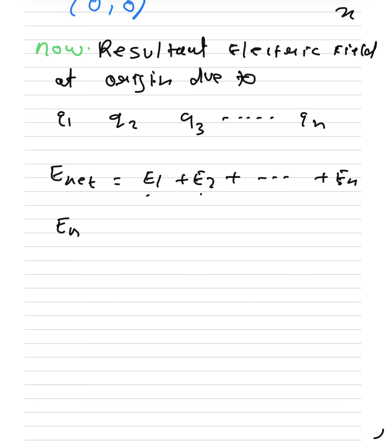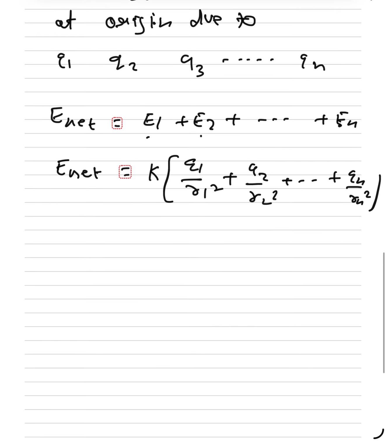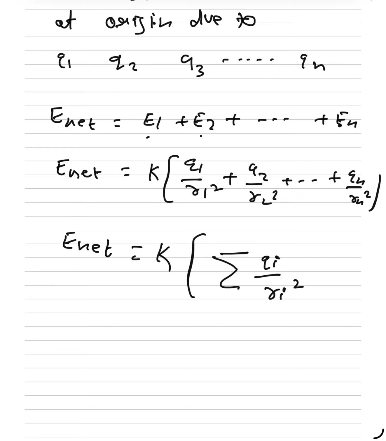And putting values here, E net equals k, a common factor from each term, and here q1 divided by r1 square plus q2 divided by r2 square plus up to qn divided by rn square. Similarly, in the next step, k is the electrical constant, and the summation of all terms, qi divided by ri square, where i is the index from 1 to n.